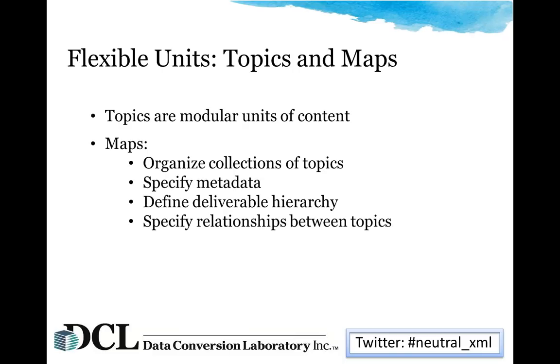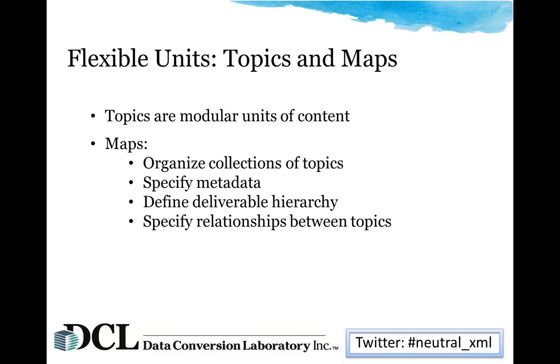So for books, topics usually map to heading levels, such as one topic for each A or level 1 head, another topic for each B or level 2 head, and the C or level 3 heads might be a separate topic, or they could be sections within that B level topic. Again, it's an architecture. The good news is that it's an architecture, you have lots of flexibility. The bad news is it's an architecture, and you have to make choices.